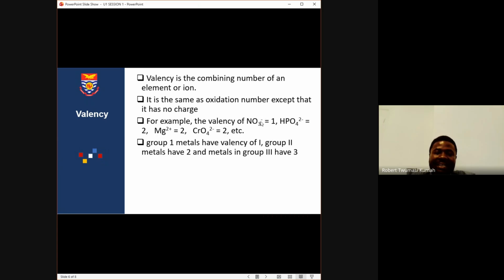And the 1 minus is the radical, but the valency is just the 1 on top of it. That is the valency. So valency is the combining number of an element or ion, whilst radical, we are talking of a group of atoms staying together as a charged unit.